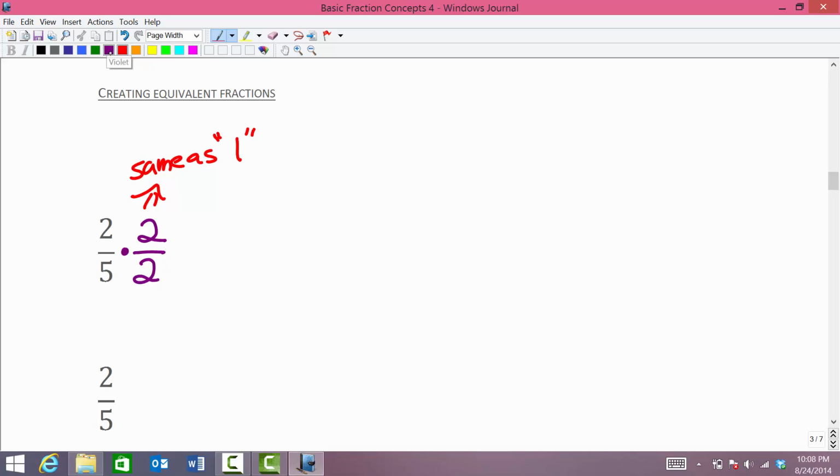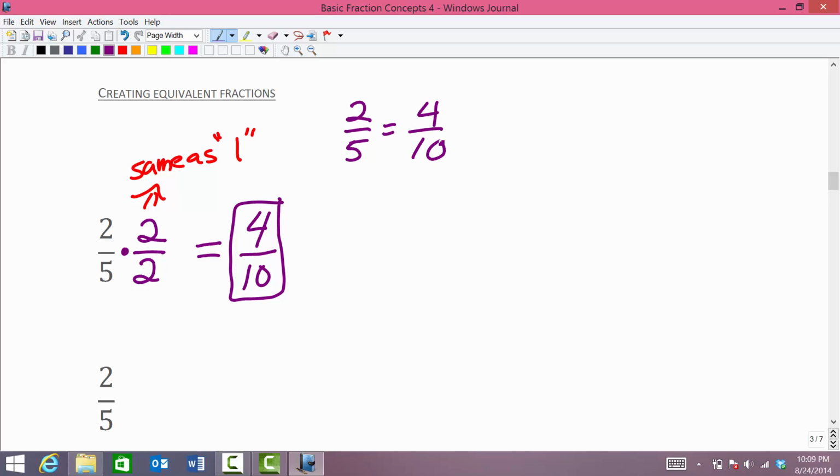So if I multiply by 2 over 2, which is an equivalent value to 1, then the value of the fraction won't change. Multiply top times the top and bottom times the bottom. Sorry, that would be 10. And now we have what we call an equivalent fraction to 2/5. So 2/5 and 4/10 would represent exactly the same value.